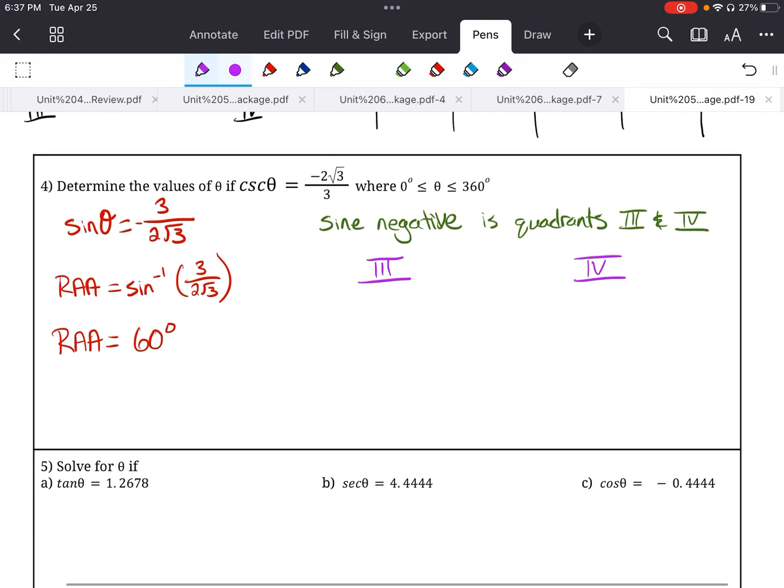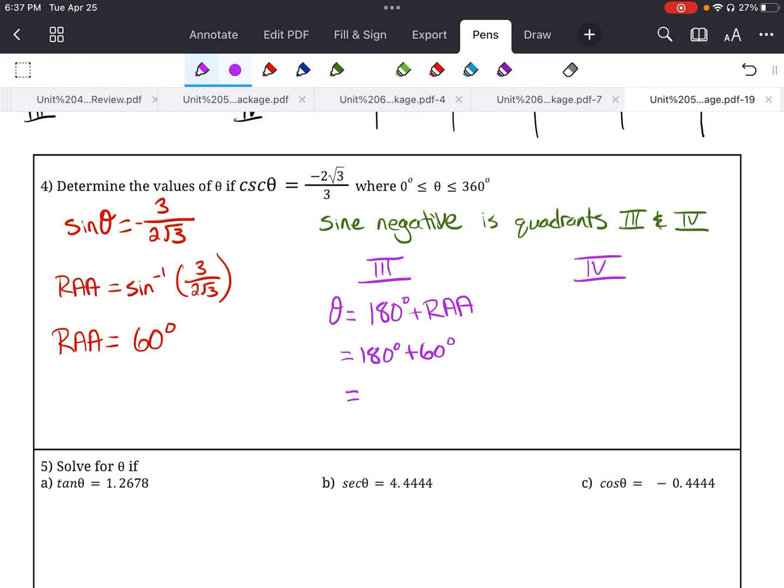We know the related acute angle. So to find theta, or the principal angle in quadrant 3, our chart way above told us that we need to do 180 plus the related acute angle. So 240 degrees works.